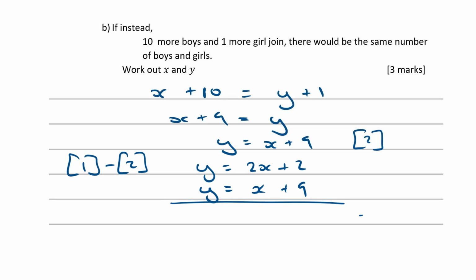So subtracting them, y take away y is 0, 2x take away x is x, and 2 take away 9 is -7. So that tells me then that x is 7, and y is 9 more than x, so y must be 16. X is 7, y is 16.